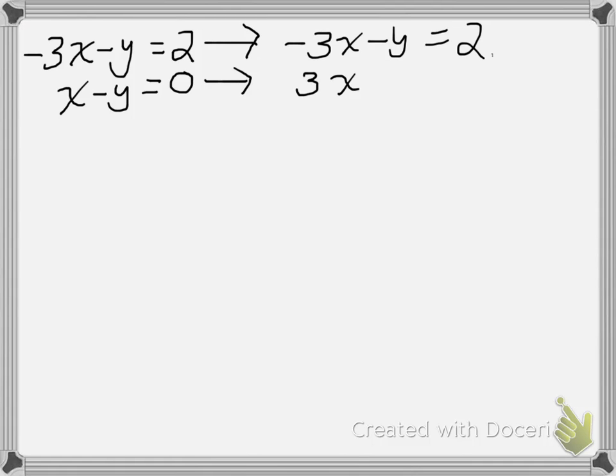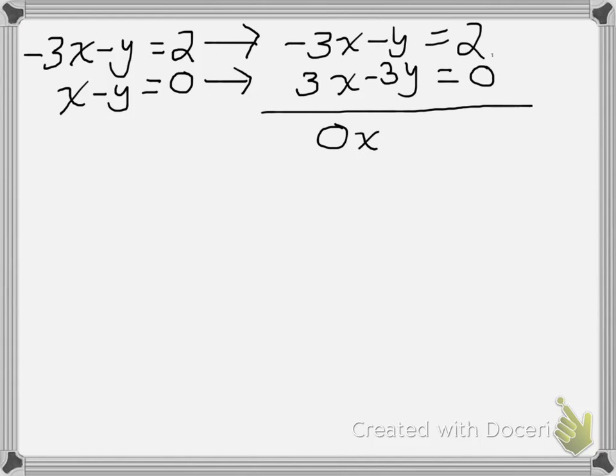3x minus 3y equals 3 times 0, which is 0. And so this is good news because look what I can do. Now I can add negative 3x and positive 3x, and I get 0x.